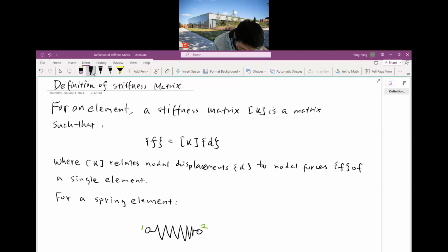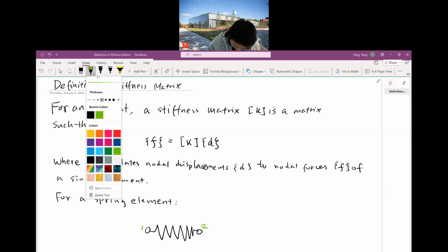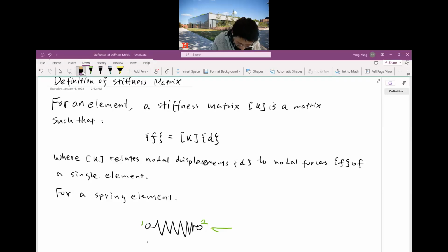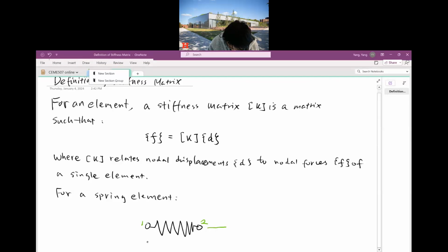We can also define a coordinate system here. We have the x direction, that is in line with the element. So the x is called the nodal coordinate system here.